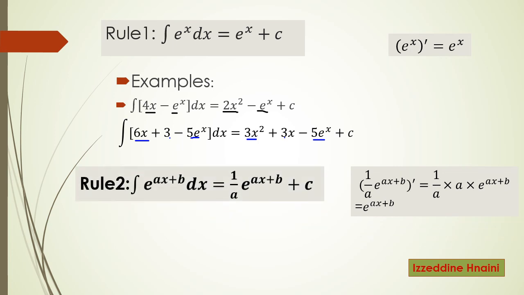Rule number 2. The antiderivative of e^(ax+b) is 1 over a e^(ax+b) plus C. Why? Because if we take the derivative of 1 over a e^(ax+b), e^(ax+b) has the form of e^u, and we know that the derivative of e^u is u' e^u.